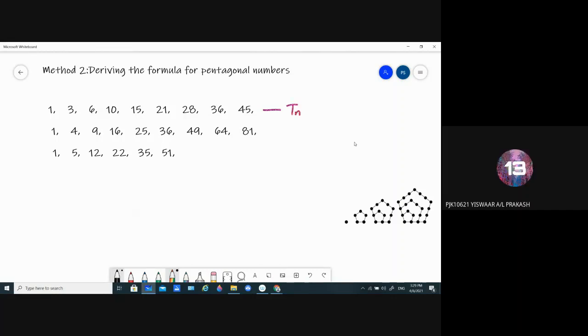Yeah, these are triangular numbers. Second row, square. And third row is pentagonal numbers. So is there a relationship here between triangular numbers and pentagonal numbers? Can you see any relationship between the pentagonal number, triangular and square numbers?